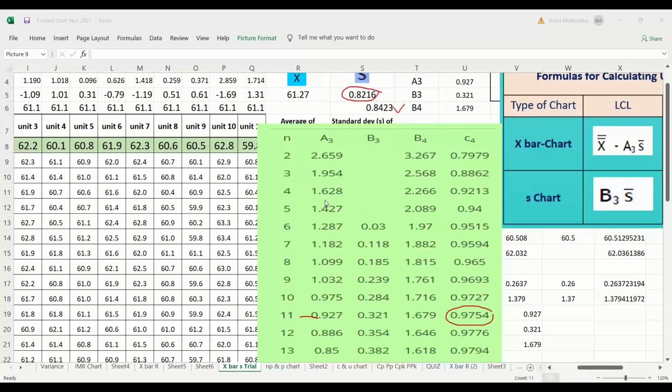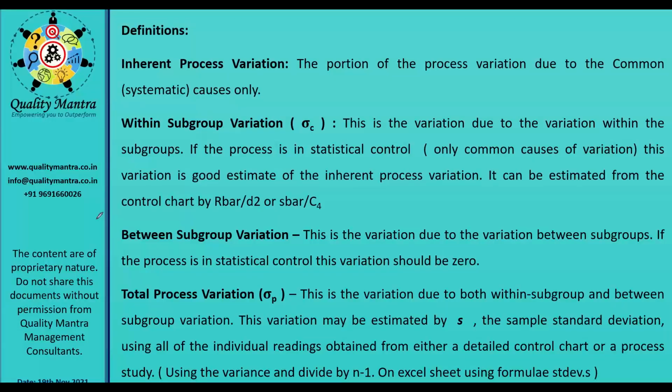Clear? Any doubt? So this is the purpose of preparing the control chart.